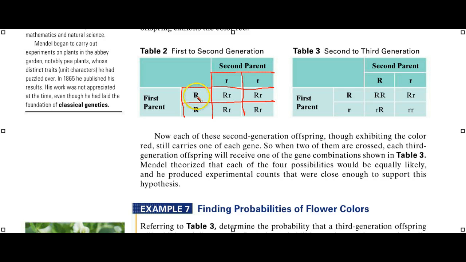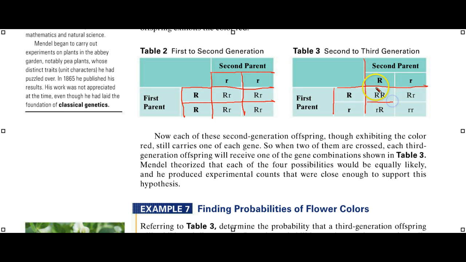So this was what we call purebred, and then we made the cross. So now all of the offspring were red, but they were no longer pure red, they were hybrid. Now, when we cross the hybrid parents, and these were both red, because red is dominant, we got this combination.